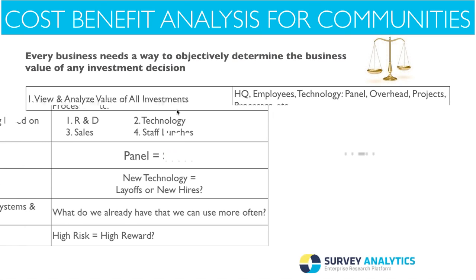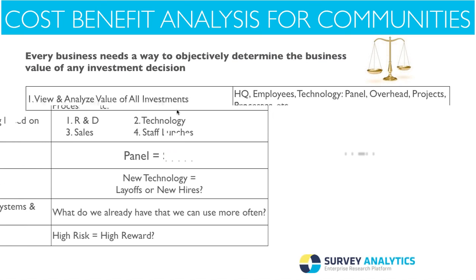The second one is to prioritize any initiatives and allocate funding based on value for the department or company. So generally speaking, if your company is very heavy on research and development versus technology, sales, and staff lunches, being able to take on an online or mobile community is going to be a lot easier versus a company that is emphasizing sales and staff lunches.